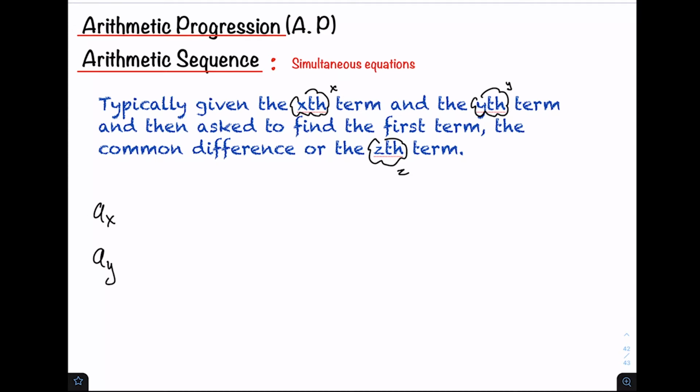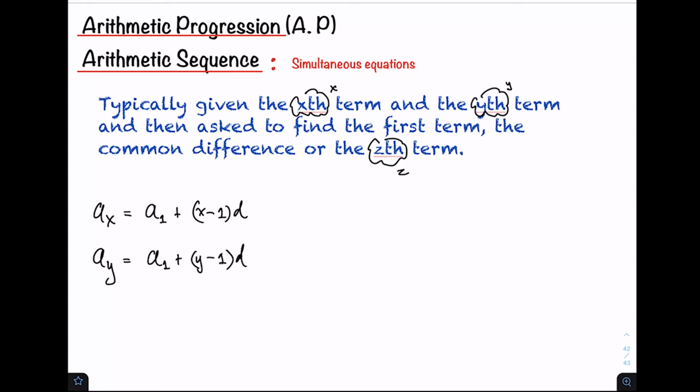So here I'm going to write down a sub y, which is the second term you're given. From the previous videos we've been doing, I can write down a sub x as a sub 1 plus x minus 1 times the common difference, and a sub y is equal to a sub 1 plus y minus 1 times the common difference.